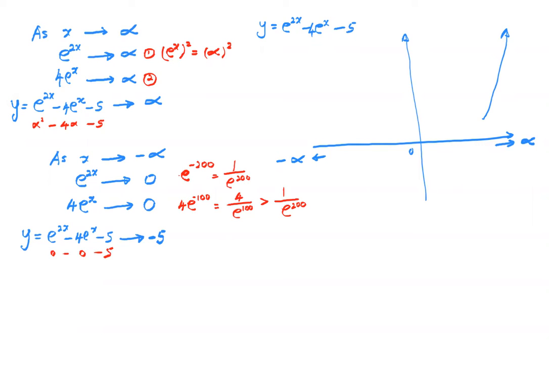But will the rest of the value be more than negative 5 or less than negative 5? Less, because of this. You look, 1 over e to the power of 200 minus 4 over e to the power of 100 will give you a negative. Then you minus 5 some more. Isn't it more negative? Am I right?